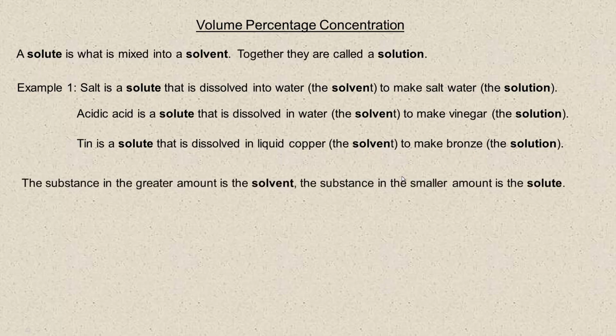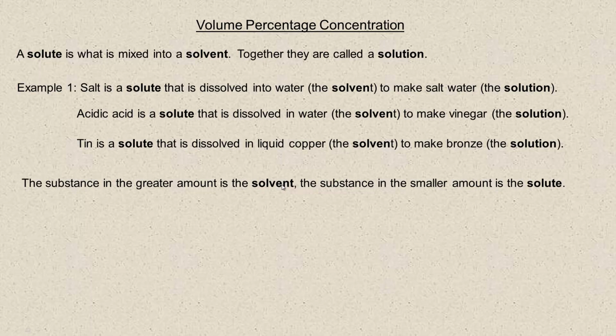Now the substance in the greater amount is the solvent. So for example, with salt water, you're probably not mixing much salt at all into water. It might be a very small percentage, like 2 or 3%. So the thing in the smaller amount is the solute, the thing in the larger amount is the solvent.